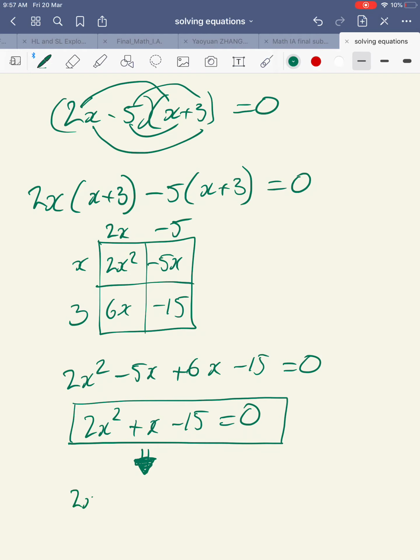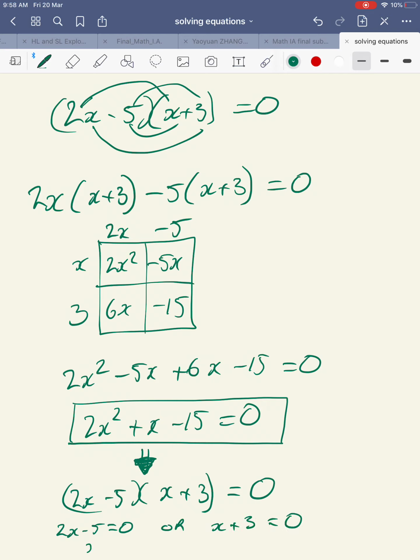So if I can get this into (2x minus 5) times (x plus 3), an equivalent form, then I can solve this quadratic equation by either making the first factor equal to 0 or making the second factor equal to 0, and therefore I get x equals 5 over 2 or x equals negative 3. This is the key method by which we try and solve quadratic equations. It's not the only method, but it's one of the key methods, and so most of the unit will be focused on trying to solve quadratic equations.